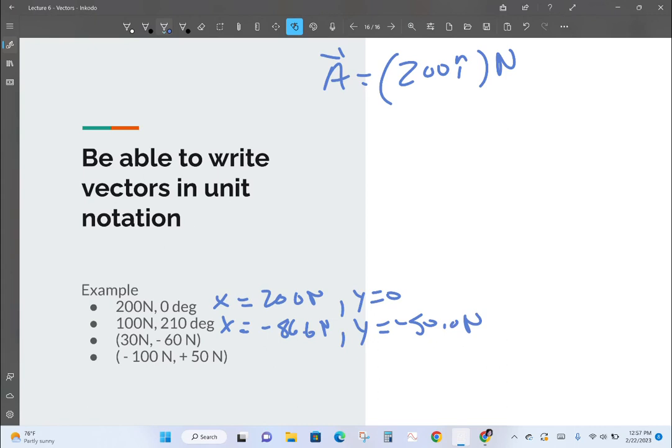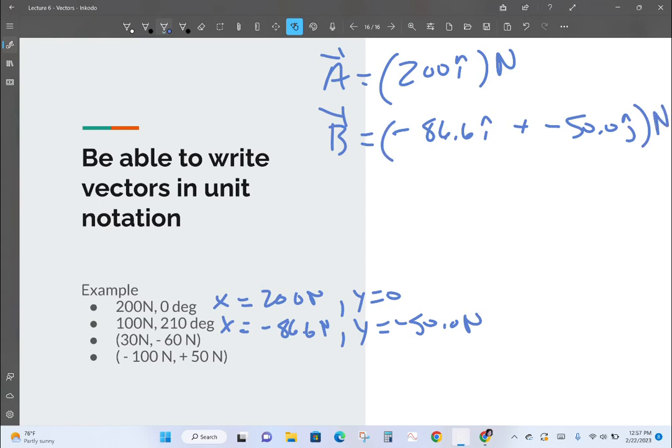That vector would be negative 86.6i plus negative 50.0j newtons.